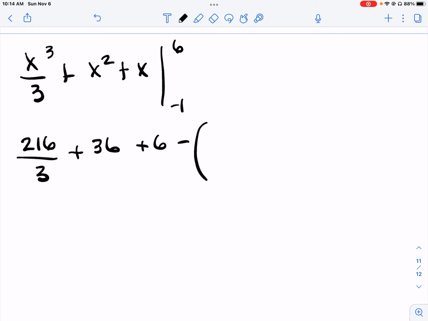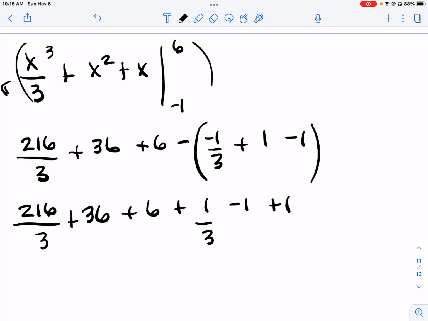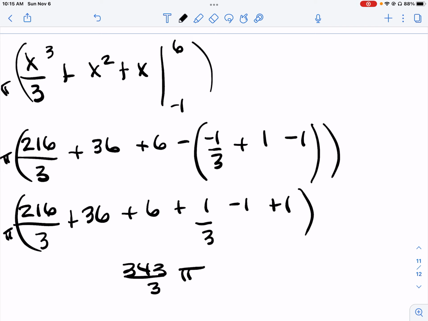Okay, -1 cubed is -1. -1 squared is 1. And x, plug in -1. Distribute the negative. Okay, and remember it's times pi. Okay, so that comes out to 343 over 3 pi.